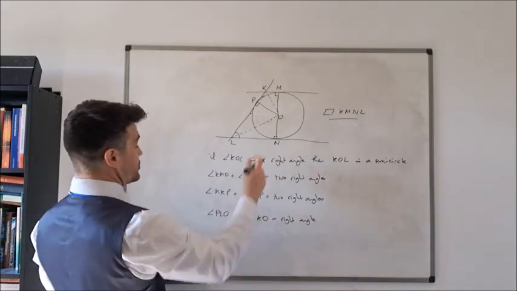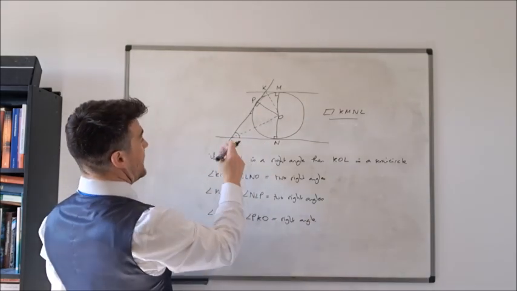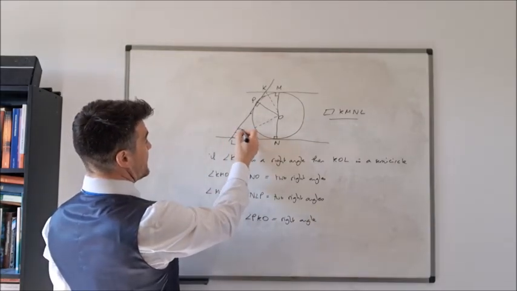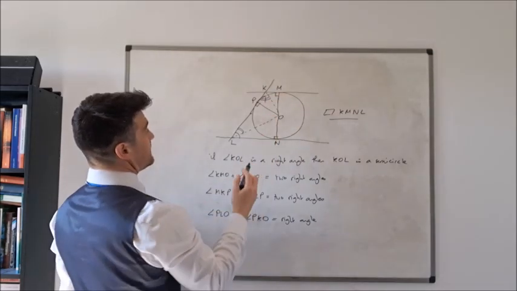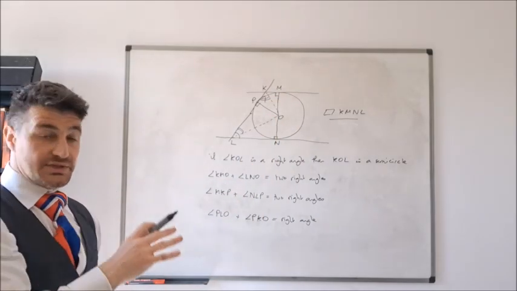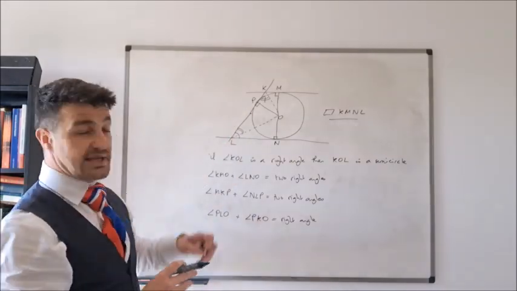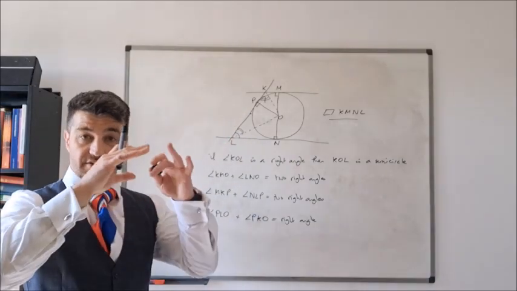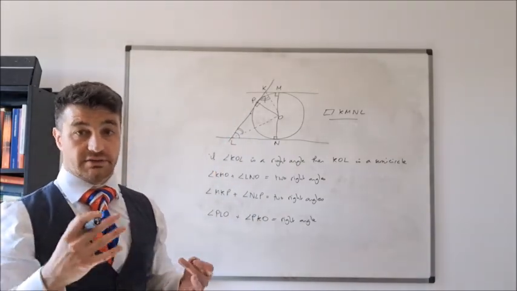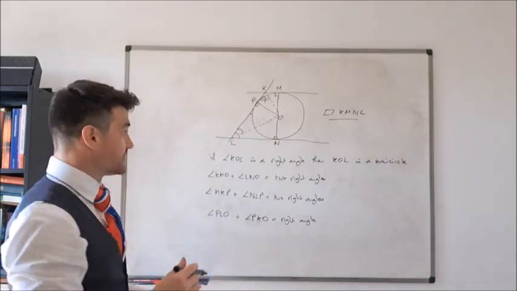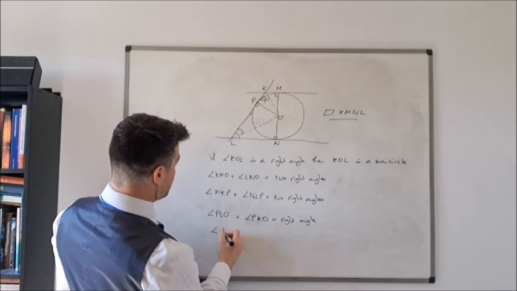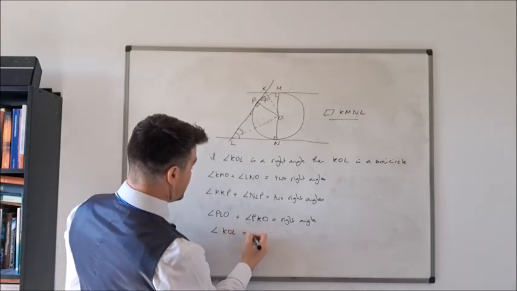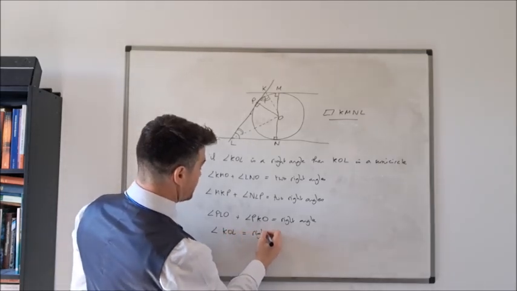So now if we look at the triangle KOL, I know that this angle here and this angle here are equal to 1 right angle, but the sum of the angles in a triangle is 2 right angles, and therefore the angle KOL is equal to a right angle.